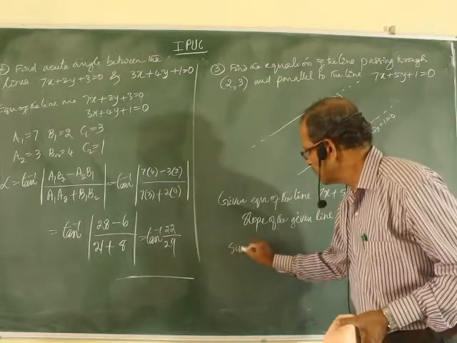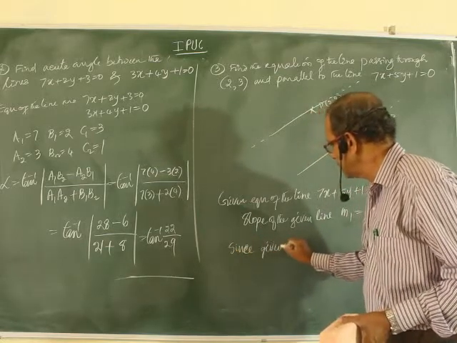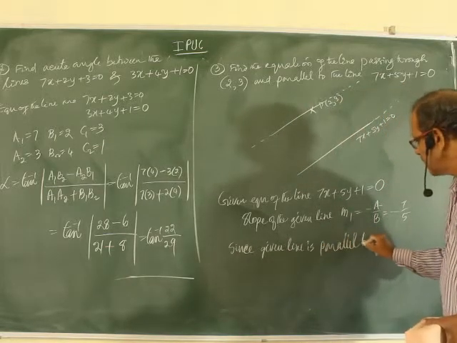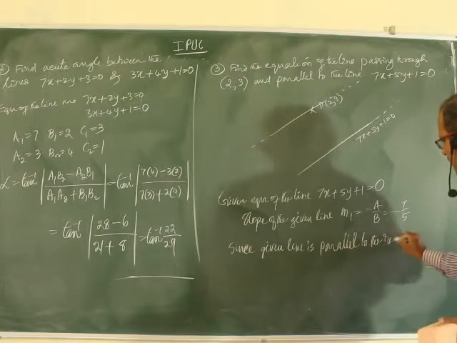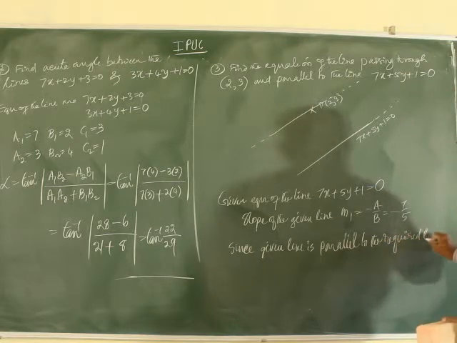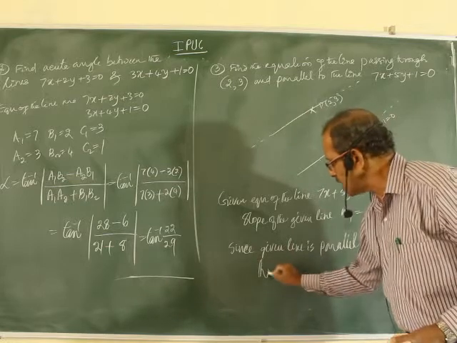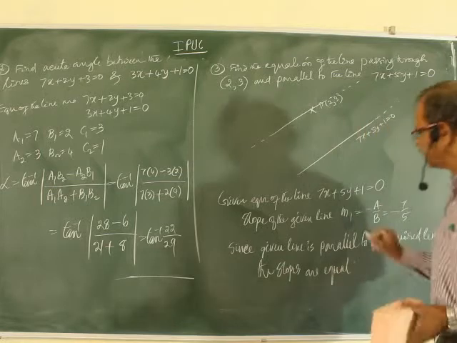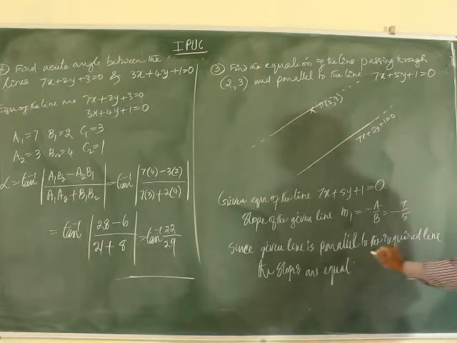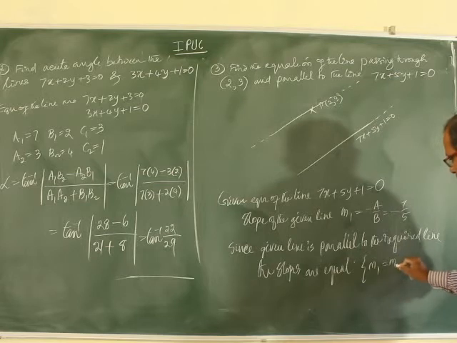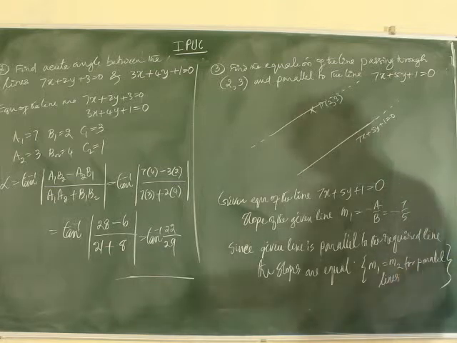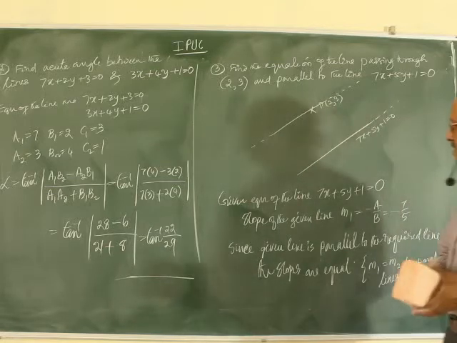Since the given line is parallel to the required line, the slopes are equal. m1 = m2 for parallel lines. Right?